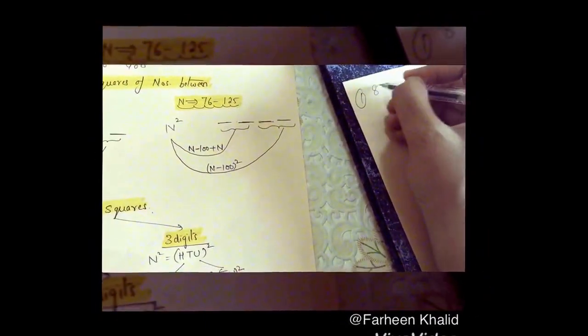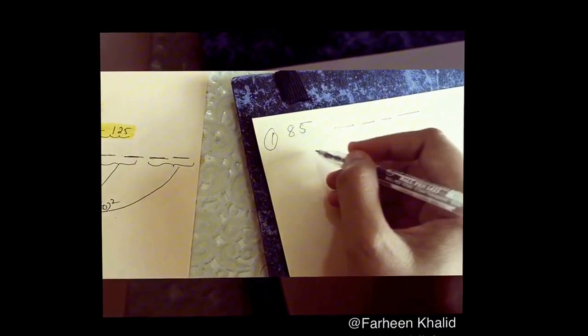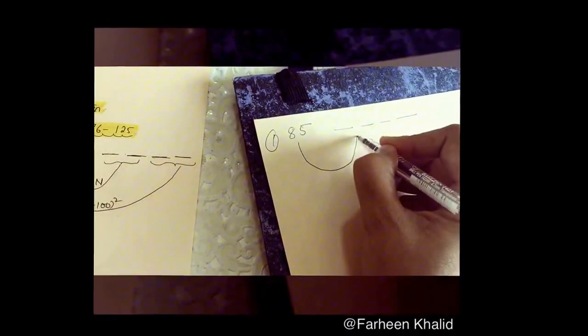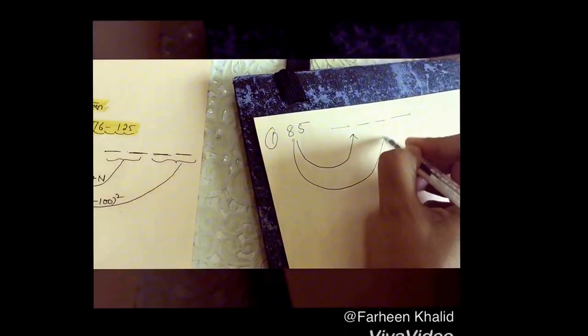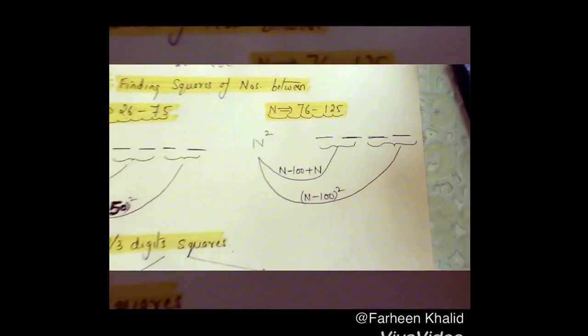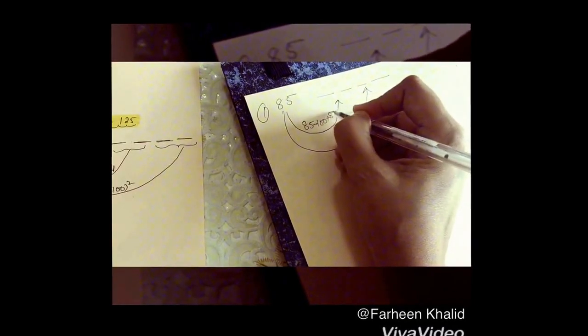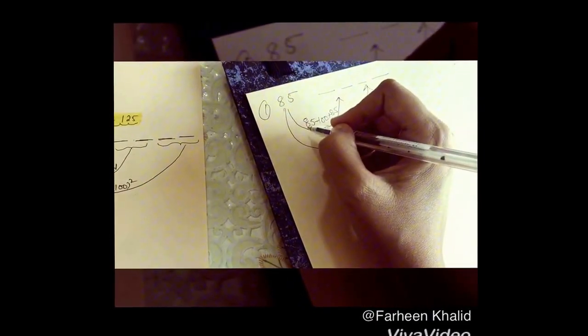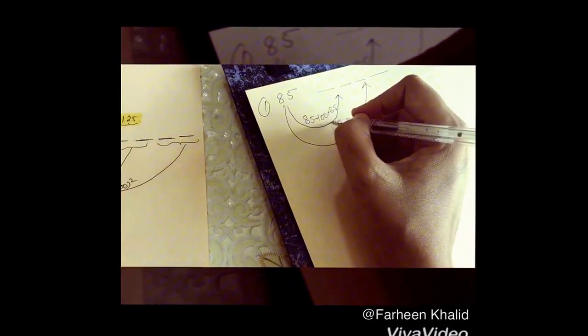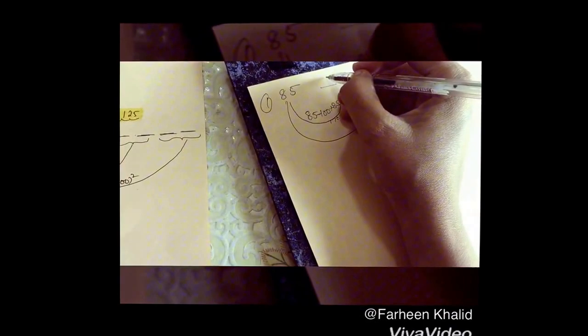So our first example, let's say it's 85. So again you have 4 spaces here, and then you do the first part and then the second part. All right, in the first part you have 85, which it says here n minus 100 plus n. So 85 minus 100 plus 85. So 85 plus 85 is basically 170. So 170 minus 100, which is supposed to be 70.